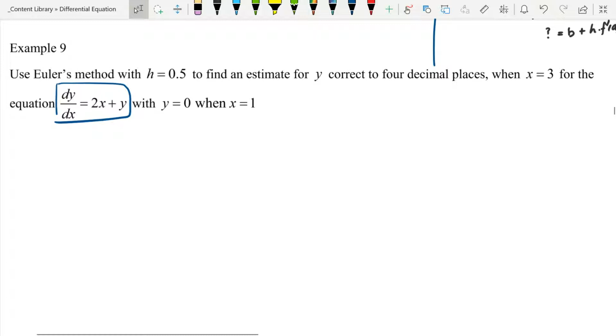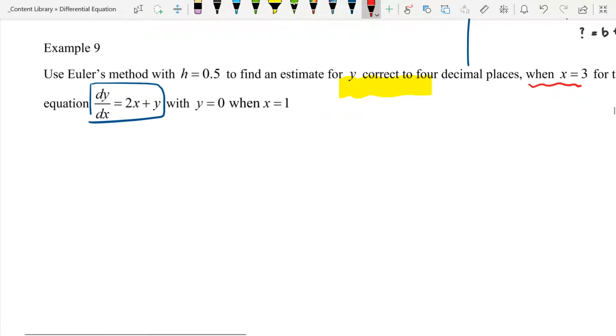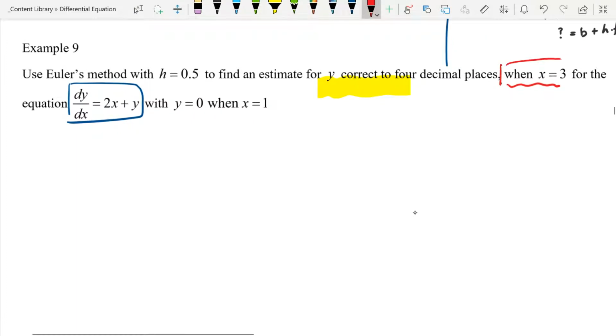Use Euler's method with h equals 0.5 to find an estimate for y, correct to 4 decimal places, when x equals 3 for this equation. I want to estimate, when x equals 3, y equals what? With the initial condition x equals 1 and y equals 0. So this is a point on this graph, definitely.